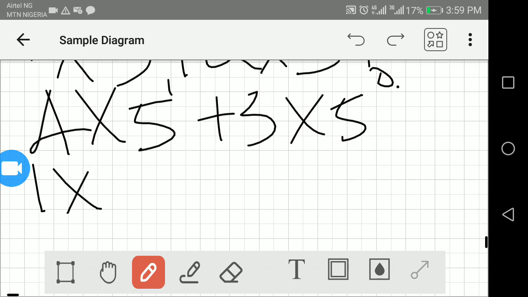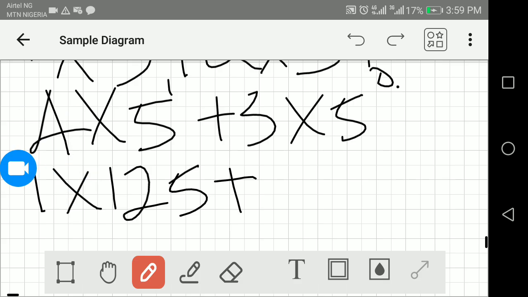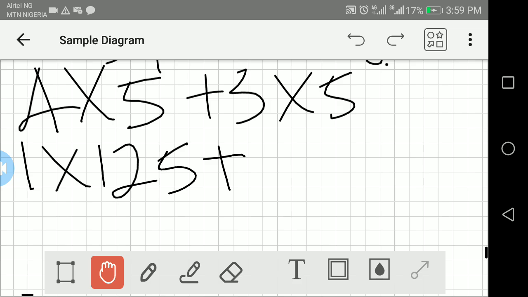So we have 1 times 125, plus the next number, 2 times 5 to the power of 2.